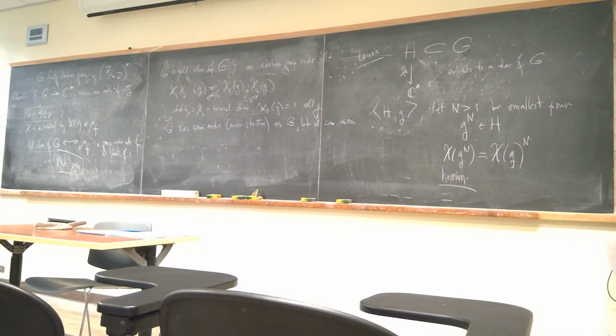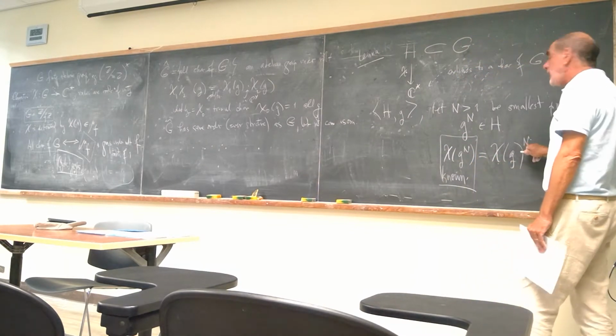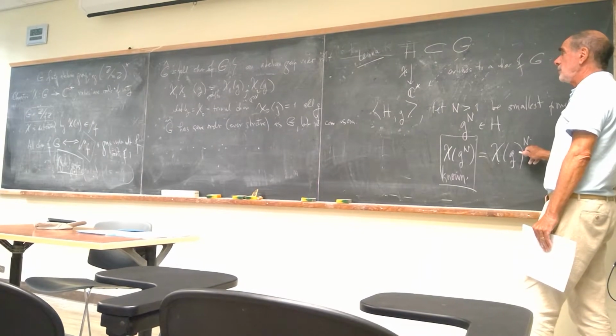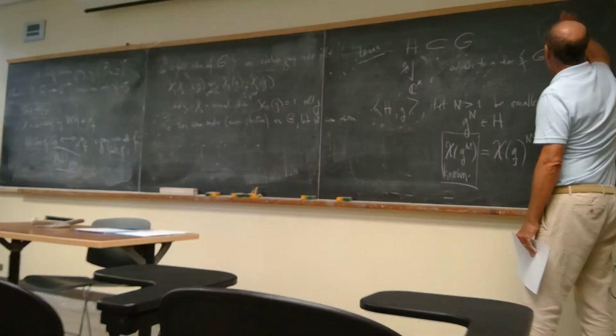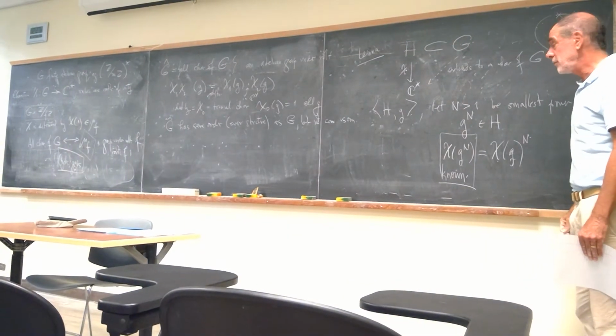All right, so the only thing we can do if we want to make an extension is we take this element of the complex numbers and we have to take an nth root of it. But you can do that because the complex numbers under multiplication are divisible. I mean, if we're on the unit circle and we have some element here, there's an nth root of it over here, right? Which is another root of unity.